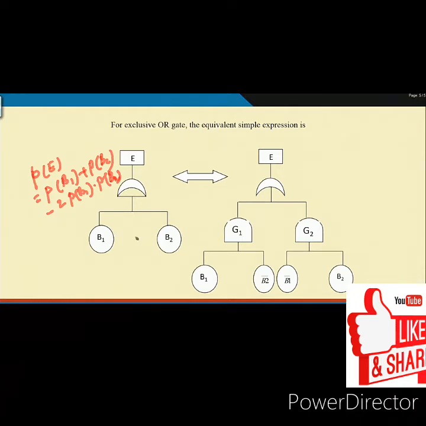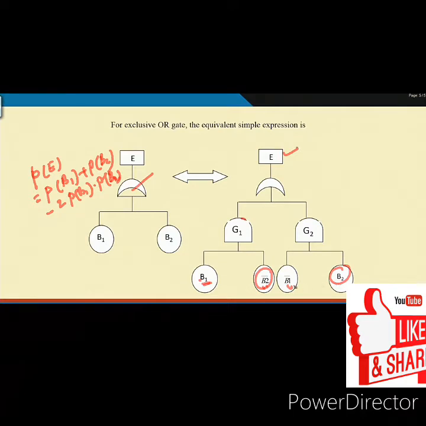So, this is the exclusive OR gate, and its equivalent representation using AND and OR gates is this. B1 should occur, B2 should not occur, that is why B2 bar. Here B2 occurs, but B1 should not occur, that is B1 bar. If this AND condition is satisfied, E will occur.